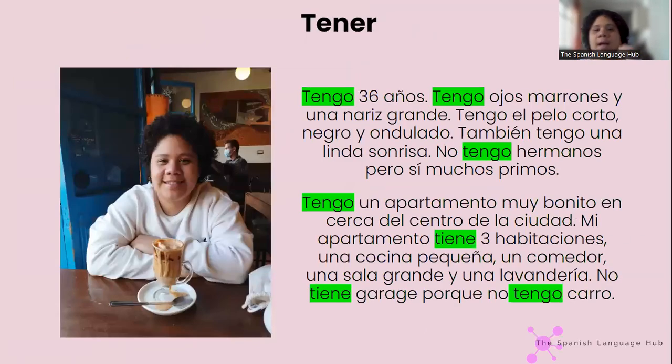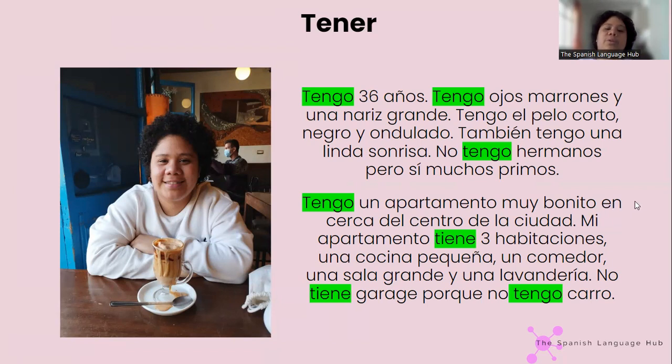All right. Tengo 36 años. Tengo ojos marrones y una nariz grande. Tengo el pelo corto, negro y ondulado. También tengo una linda sonrisa. No tengo hermanos, pero sí muchos primos. Tengo un apartamento muy bonito cerca del centro.